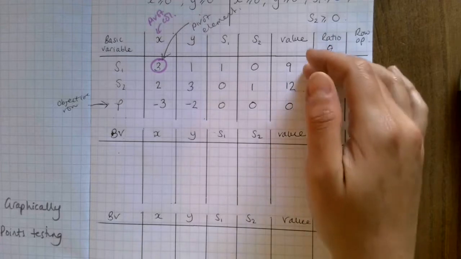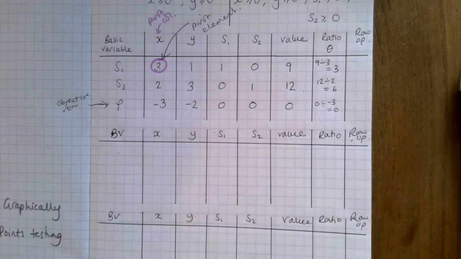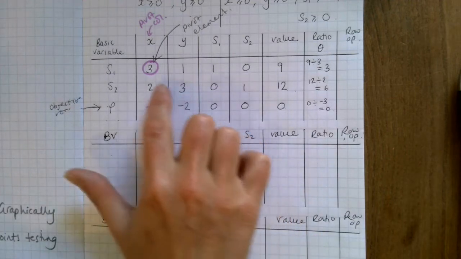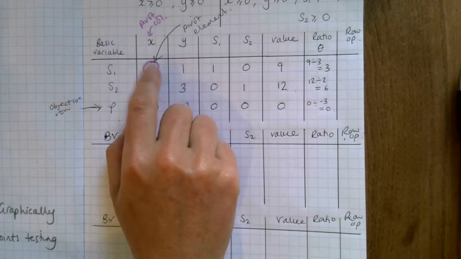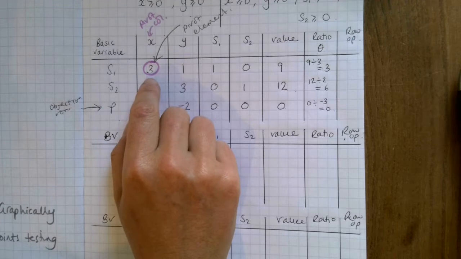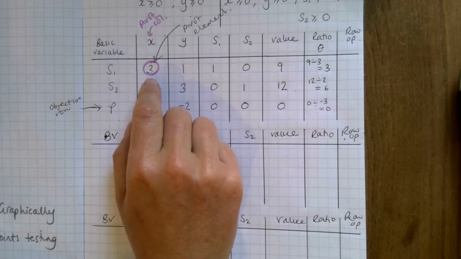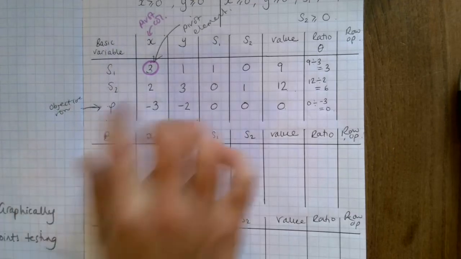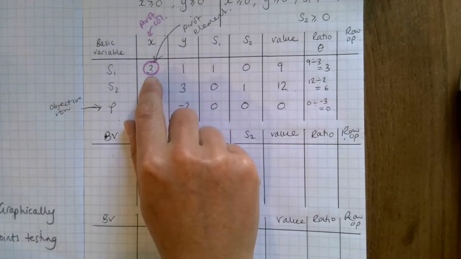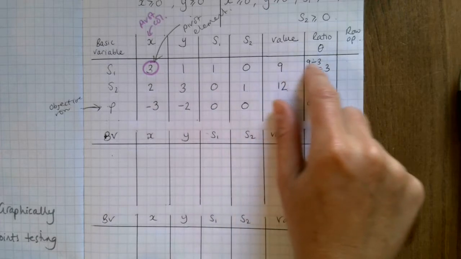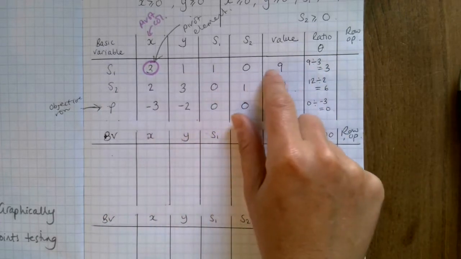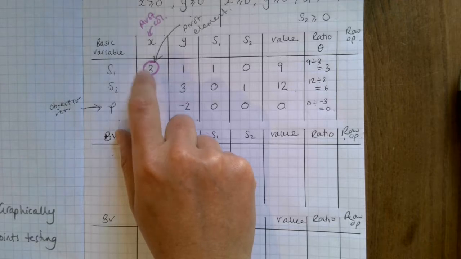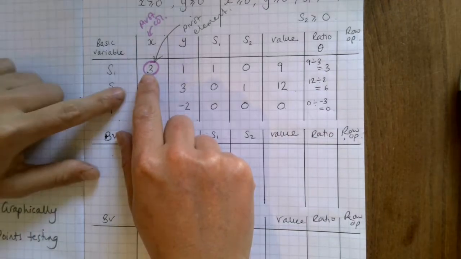Now we're going to do the first iteration of the simplex method. The first thing you want to do is make your pivot element 1. So you multiply or divide by a certain number so that it is 1, and you do the same thing to the whole row. In order to make that 1, we'd want to divide by 3.